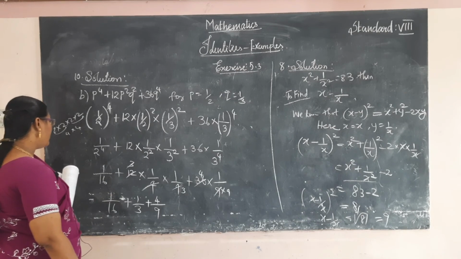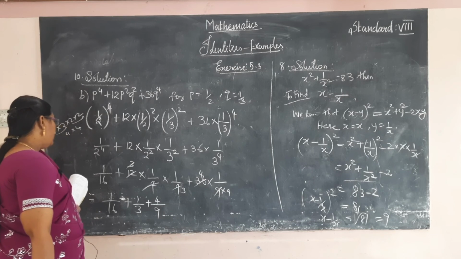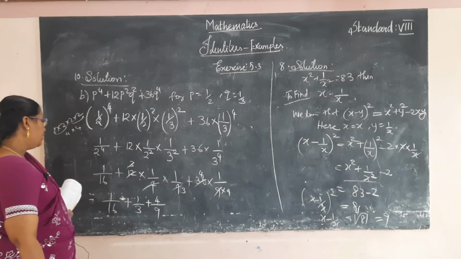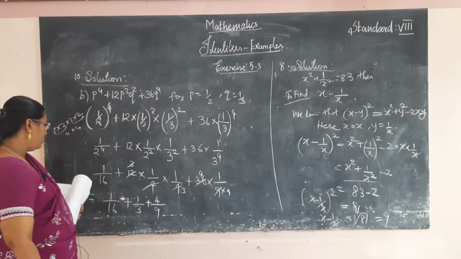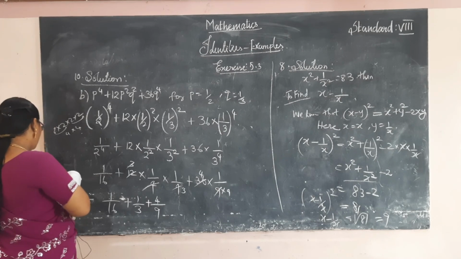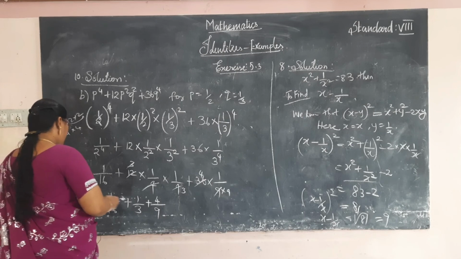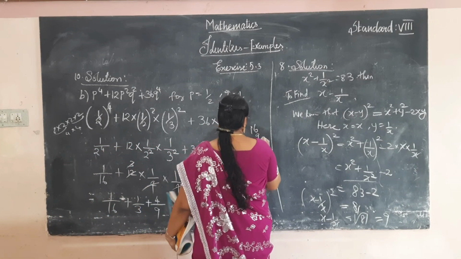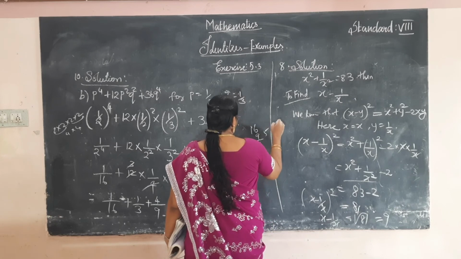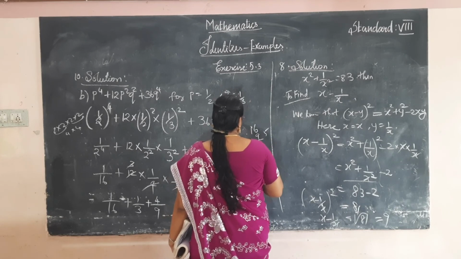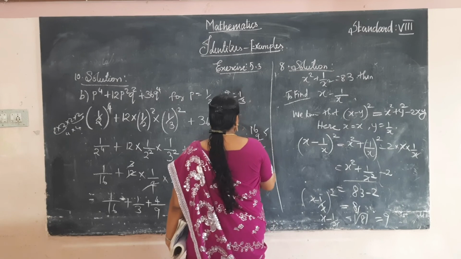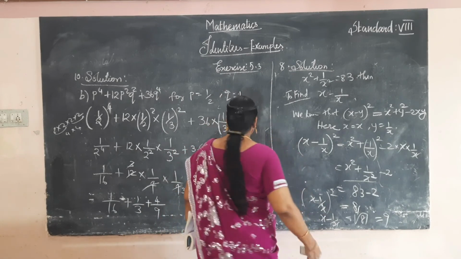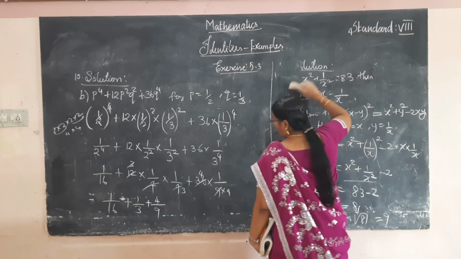What is the LCM of 16, 3, 9? 144. So LCM for this value is 144.